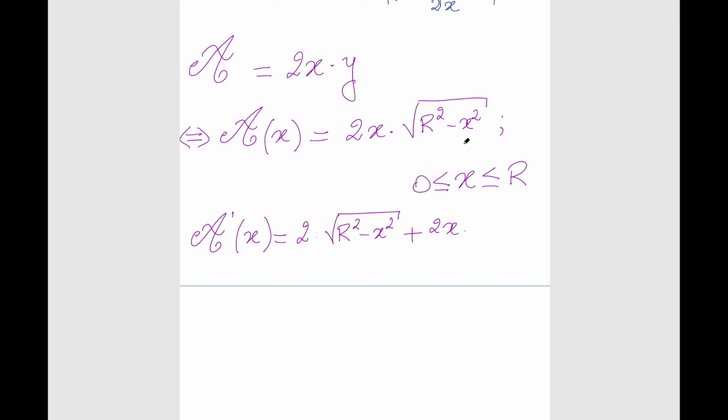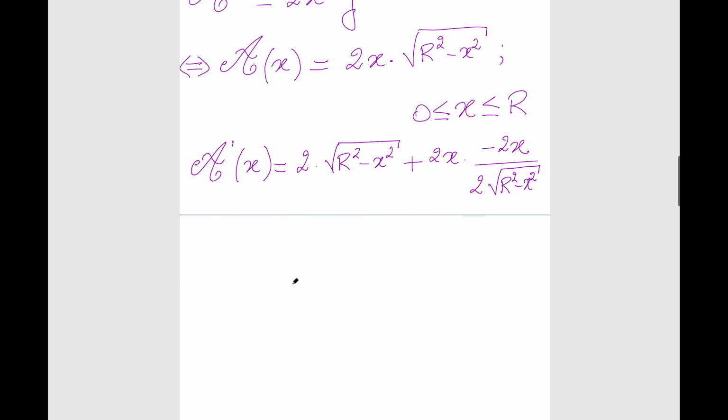I'm going to use the chain rule for this, which gives us negative 2x times 1/2 over the square root of r squared minus x squared. What did we use here? The chain rule, but also implicitly the power rule, because this can be thought of as r squared minus x squared to the power half.